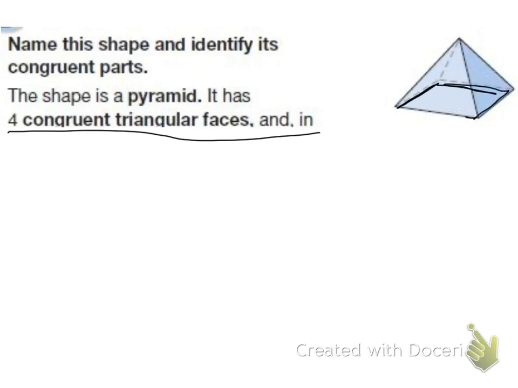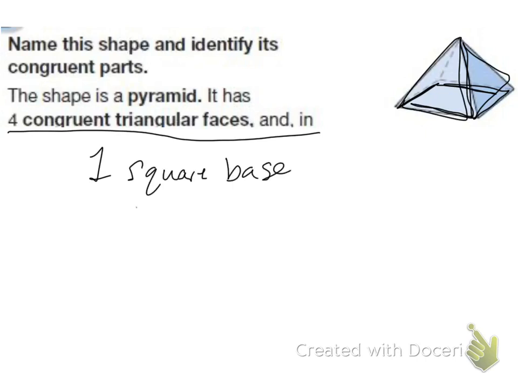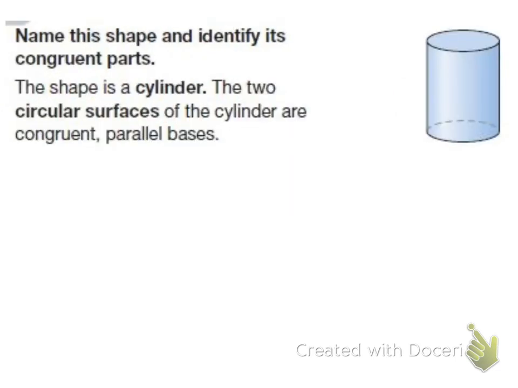So the bottom is a square, and then it has 4 triangular faces and 1 square base. Okay. Are any of these faces parallel? No, because they all come to a point. And so none of them are parallel.